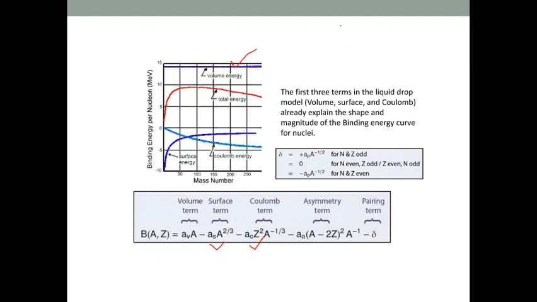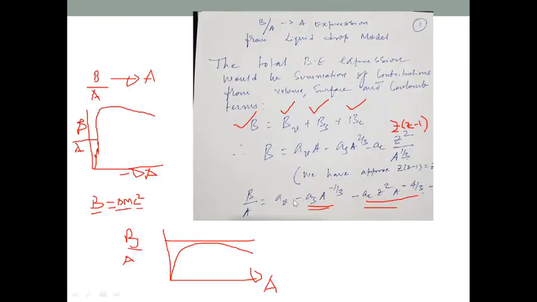You can take an Excel sheet. You can have different values of A, and then you can generate the B_S term for different values, and you can take the B_C term. The constants A_V, A_S, and A_C are constant.